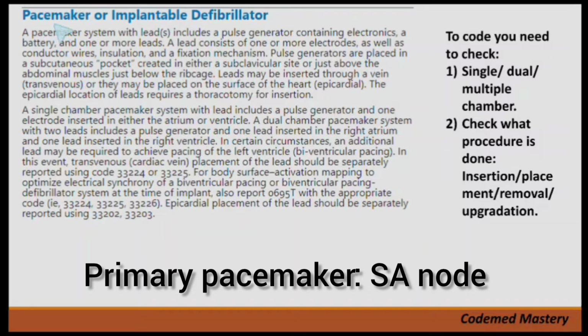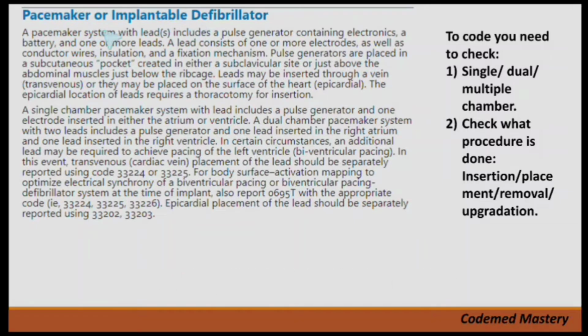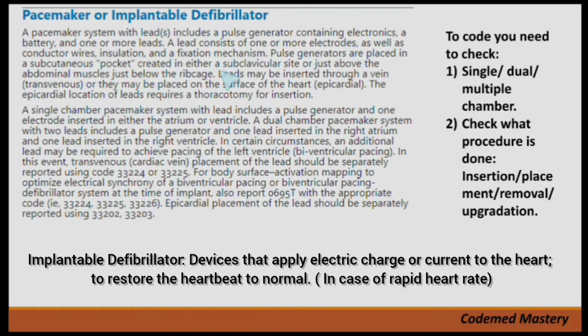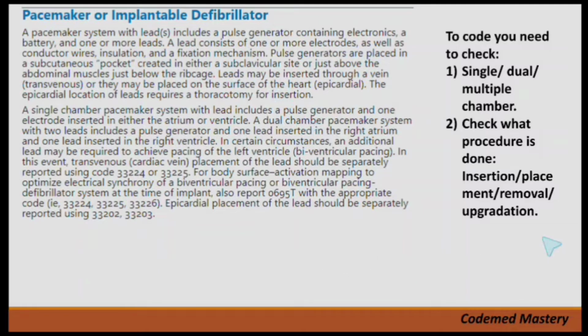To study this guideline, first we should know what is pacemaker and what is implantable defibrillator. Pacemaker is a small battery device that helps heart beat in a regular rhythm. And defibrillators are devices that apply electric charge or current to the heart. So it restores the heartbeat to normal in case of rapid heart rate. So read this guideline.